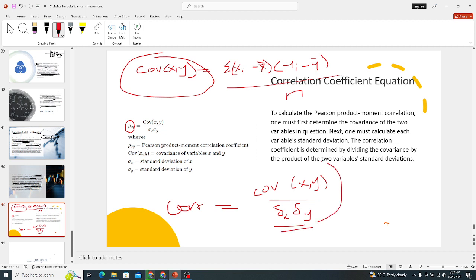In this case, you will have mathematically computed what we call correlation. So this is the Pearson product moment correlation coefficient.